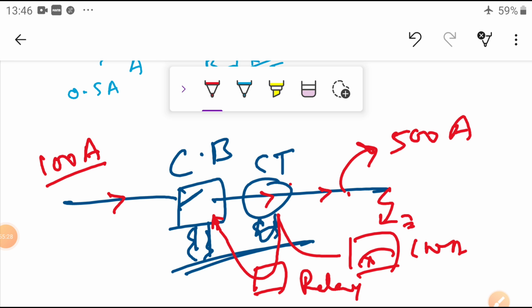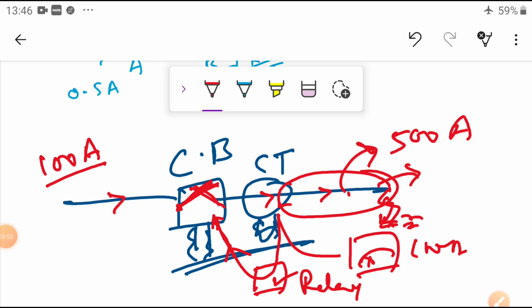Then, according to the CT ratio, more current will flow and the relay will operate. The relay will give a signal to the circuit breaker to open the circuit instead of closing it. Once the circuit is opened, no current flows to the fault. In such a way, this line is protected from overcurrent whenever a fault occurs in the system, with the help of our CT.